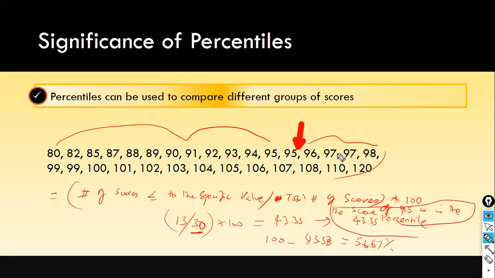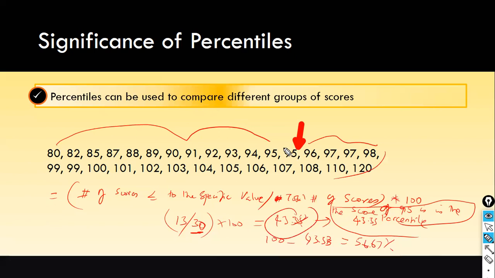But usually how we interpret this is: 43.3% of the scores in this data set are less than or equal to 95. This is your relative standing. Let's say you scored 95, another student got 97, another also scored 95, and there are others who scored less than your mark.